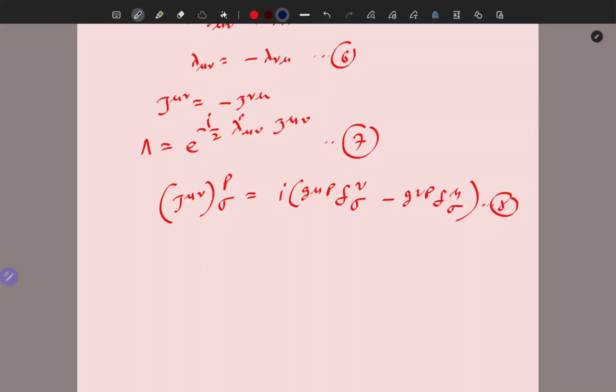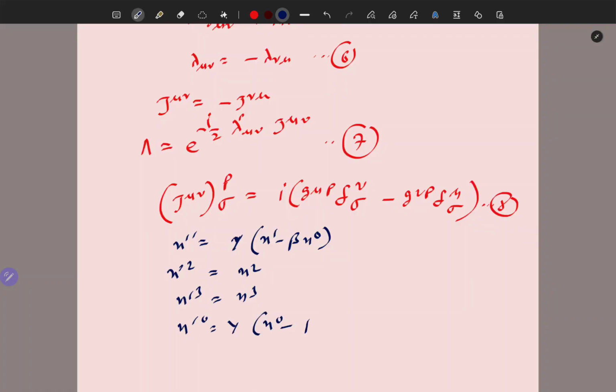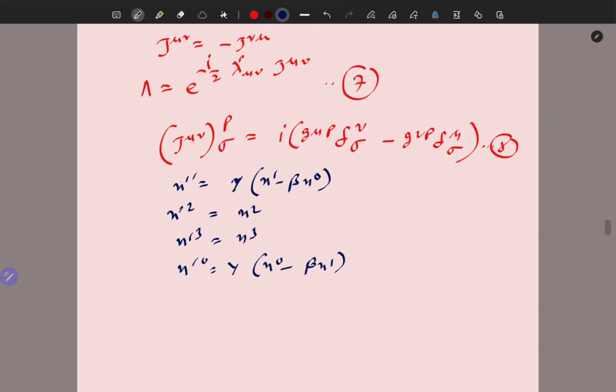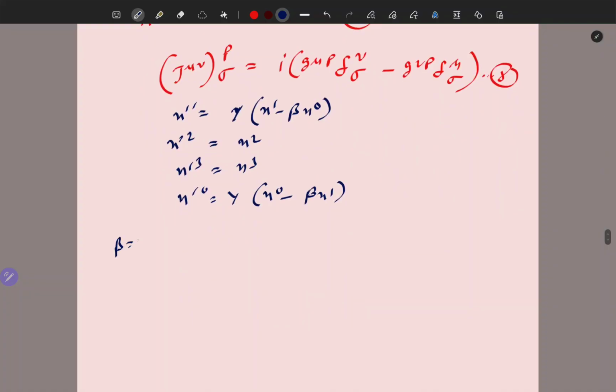As an example, let us consider the homogeneous Lorentz transformation x'^1 = γ(x^1 − β x^0), x'^2 = x^2, and x'^3 = x^3, and x'^0 = γ(x^0 − β x^1), where β = v/c and γ = 1/√(1 − β²).